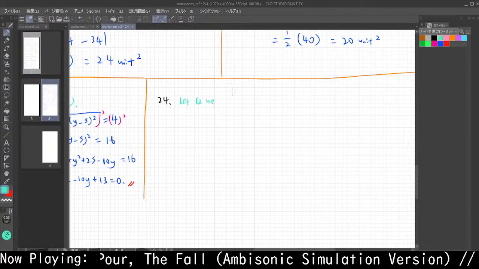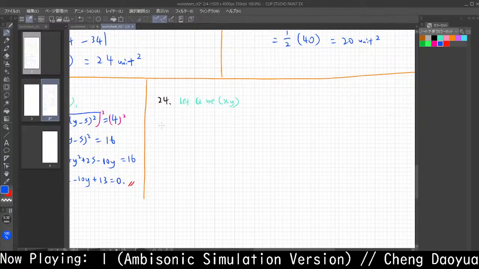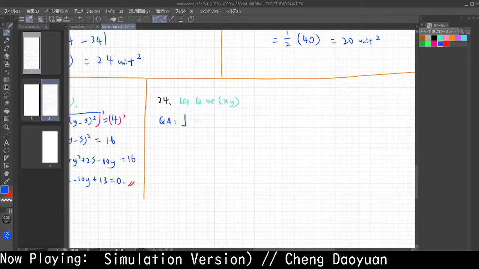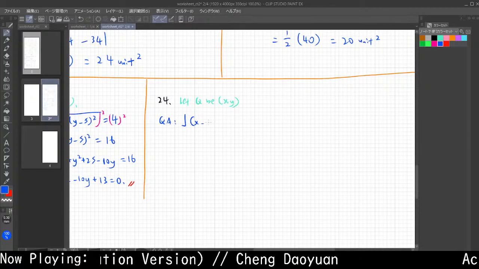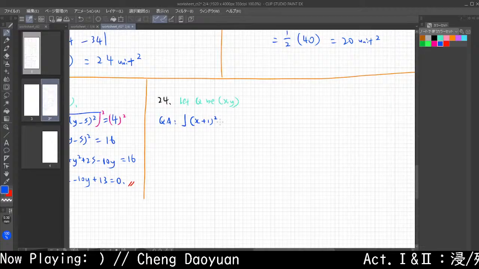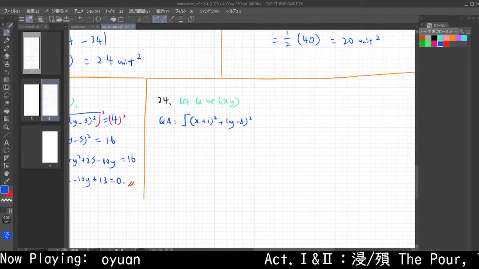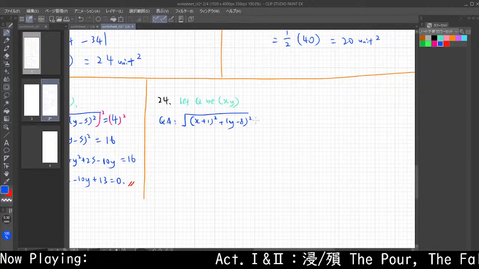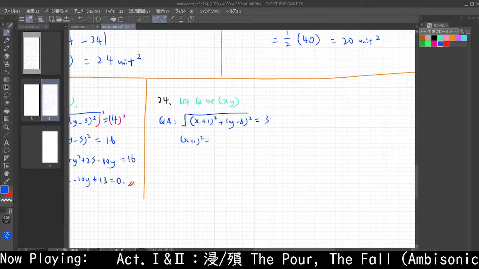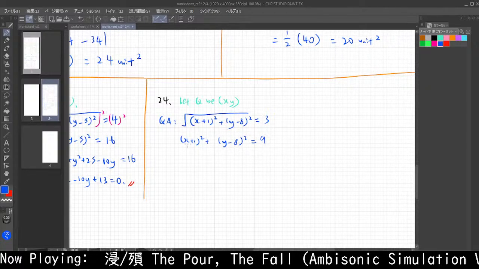Let Q be x comma y. So QA: x minus -1, so it's x plus 1 squared, y minus 8 squared, square root equals to 3. Square both sides, equals to 9.